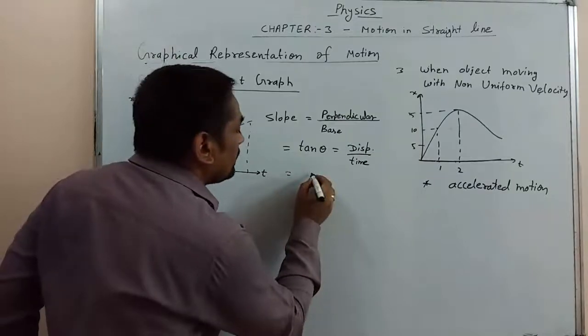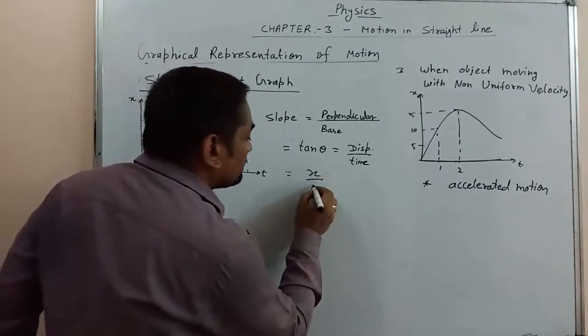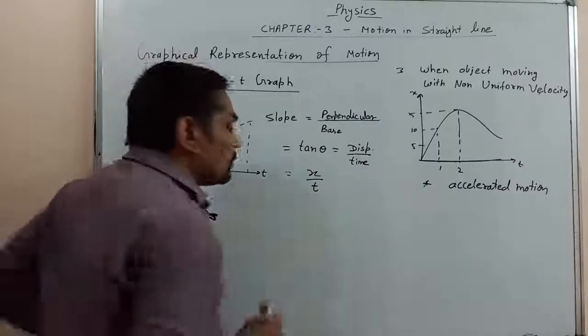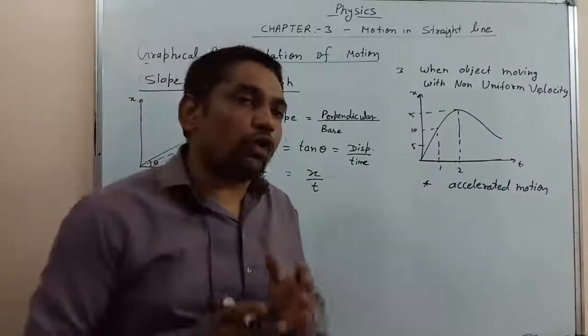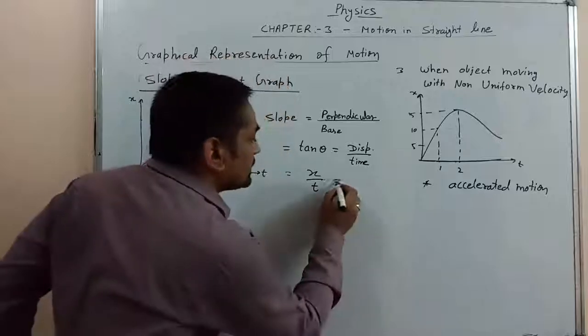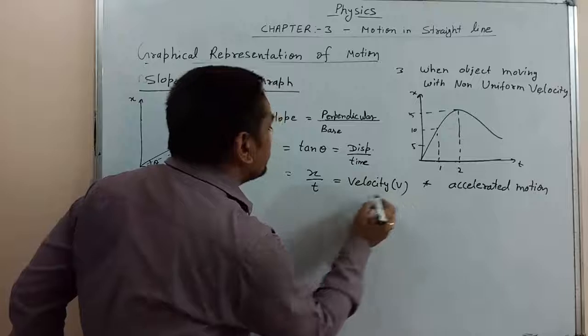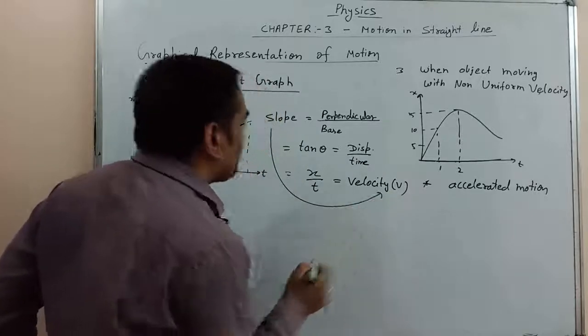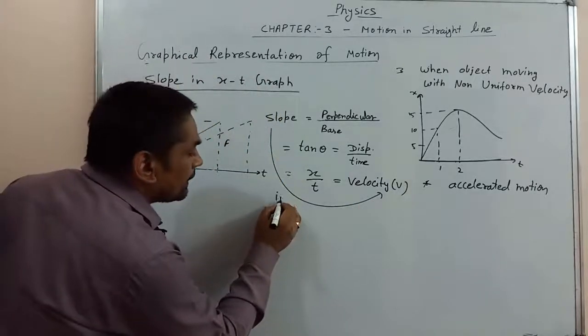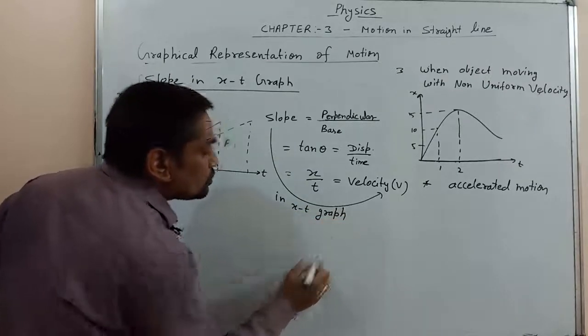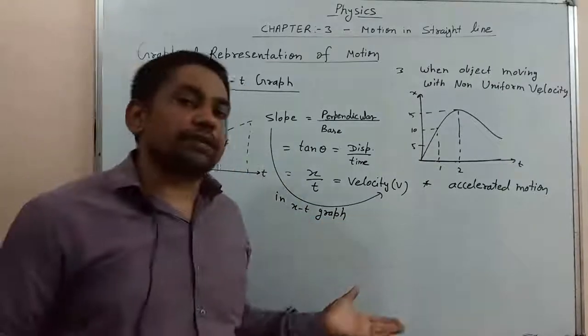So we can represent it as x upon t, where x is displacement and t is time. We know that displacement upon time is the formula of velocity, represented by v. So the slope in an xt graph represents velocity.